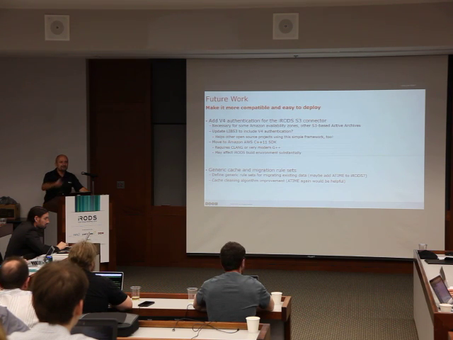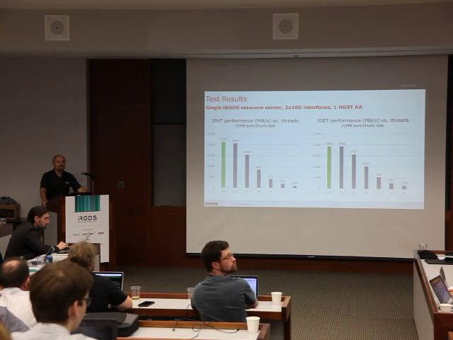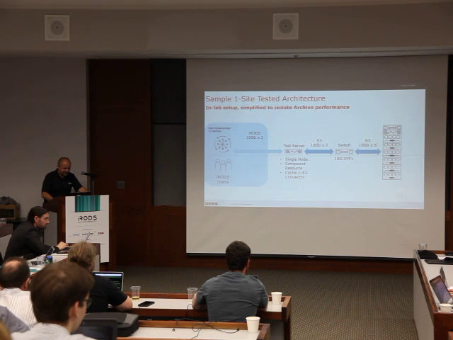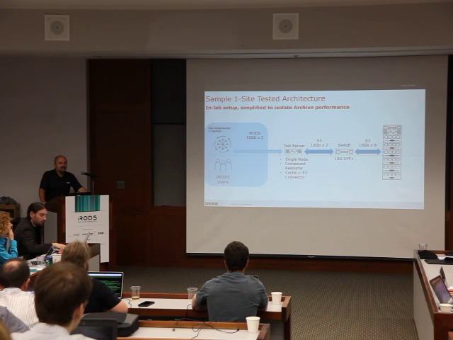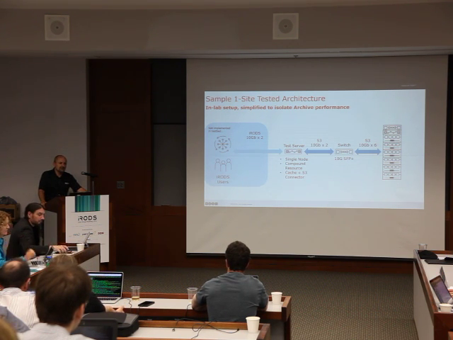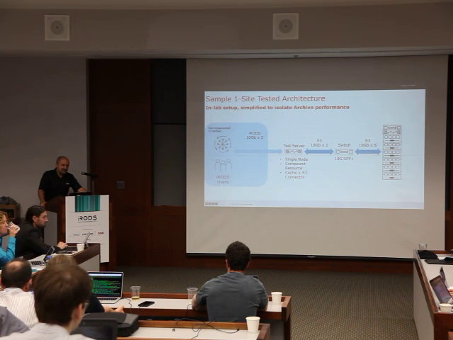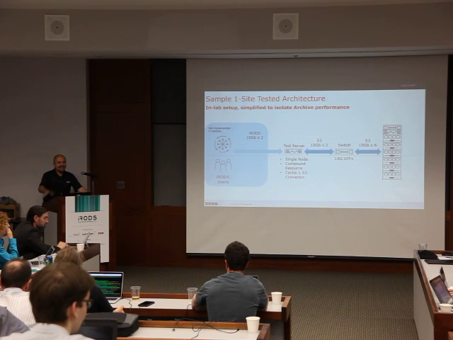Yes? When you showed the picture of your test bed, you had a dual 10 gig link. Is that the saturation point for you? Well, for the active archive itself, no. A single box will go further.